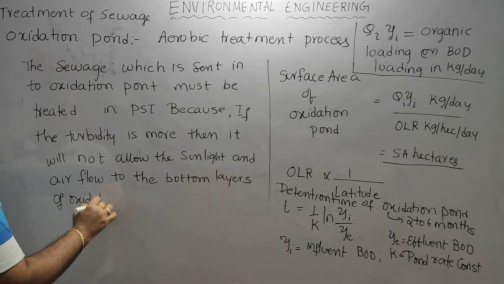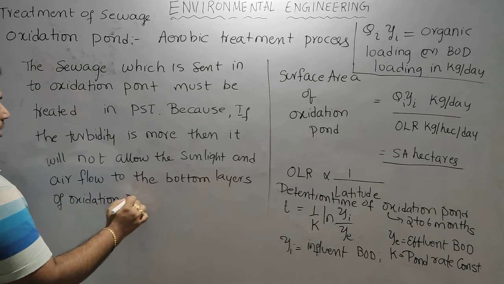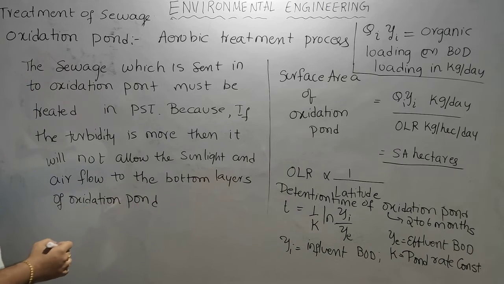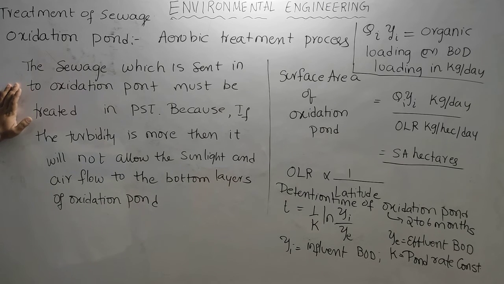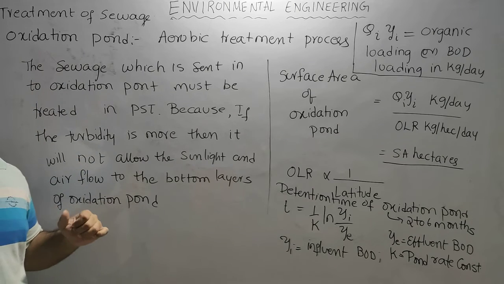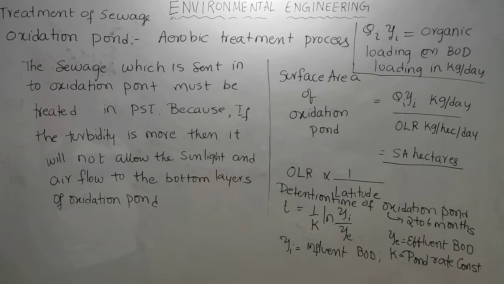So oxidation is not possible at the bottom layer. In order to keep the system under aerobic condition, less turbidity is necessary. That is why, whenever we send sewage into the oxidation pond, pre-treatment in the primary sedimentation tank is necessary. This is the first point.